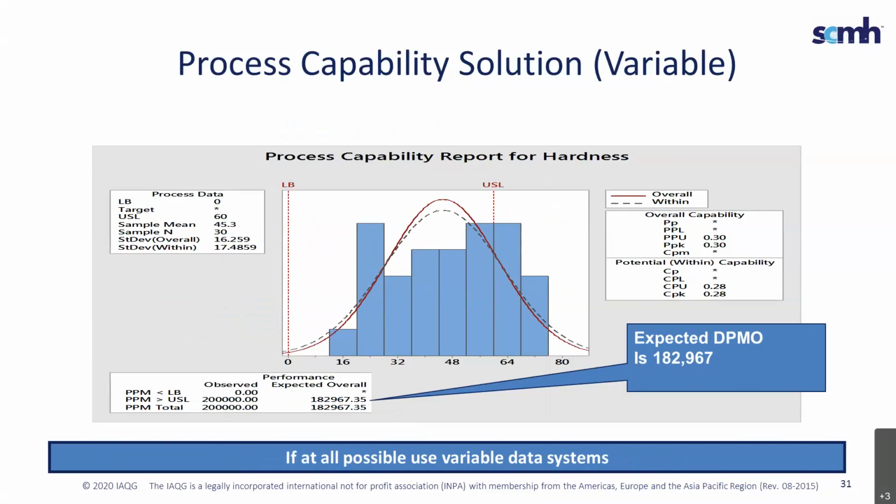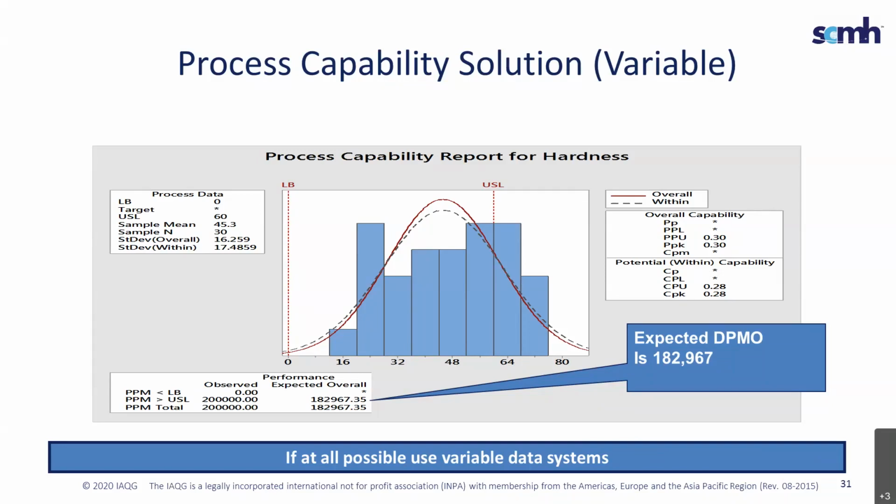Back in the day, before software packages, you did, but it's nice to have a statistical package that does it for you. So I plug this into my software package and put in the upper spec limit. One thing you'll realize, if you look closely, is that 0 has an LB next to it, not a lower spec limit.